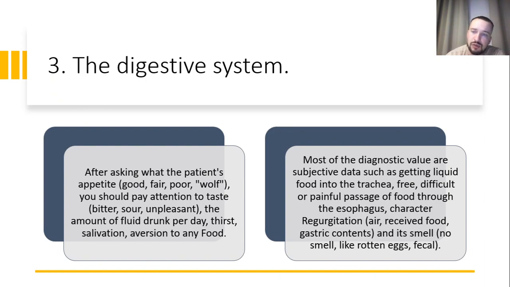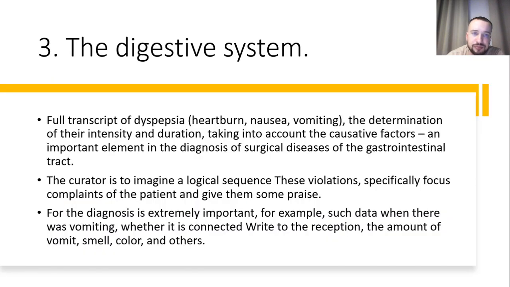Most of the diagnostic values are subjective data such as getting liquid food into the trachea, free, difficult or painful passage of food through the esophagus, character of regurgitation and its smell. Full description of dyspepsia, the determination of their intensity and duration, taking into account the causative factors, is an important element in the diagnosis of surgical disease of the gastrointestinal tract.